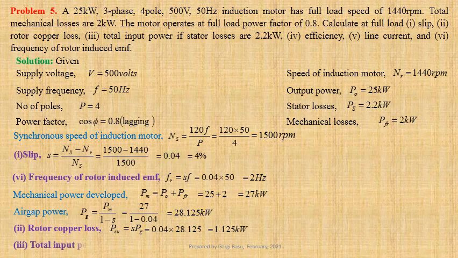Total input power P in equals PG plus PS. Putting values, we get 28.125 plus 2.2, that gives us 30.325 kilowatt.